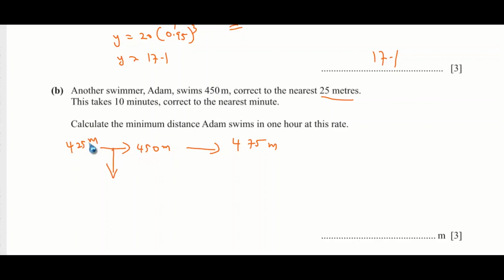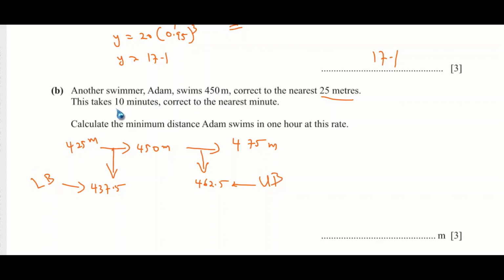So if you add these two and divide by 2, you should get 437.5. So this is the lower bound. Okay, and the upper bound will be the mid number here. So if you add this and this together, you should get 462.5. So I can denote this by lower bound LB, and this will be upper bound, so UB.